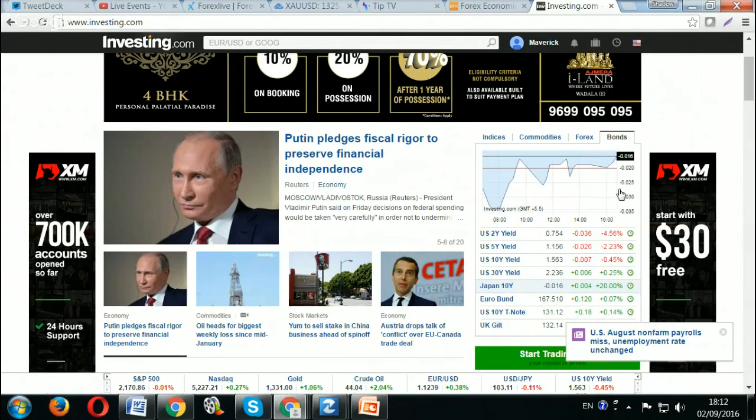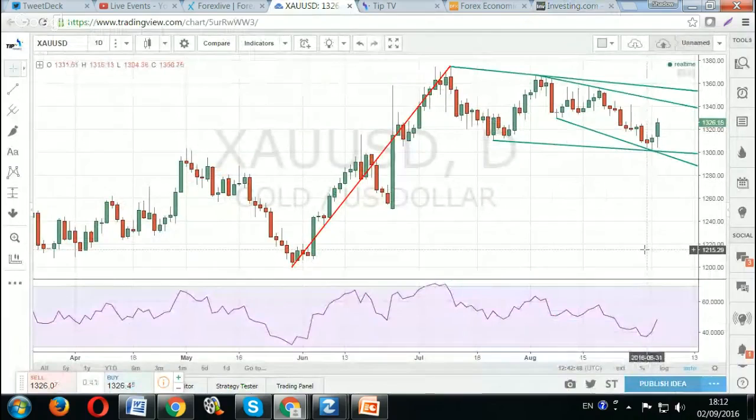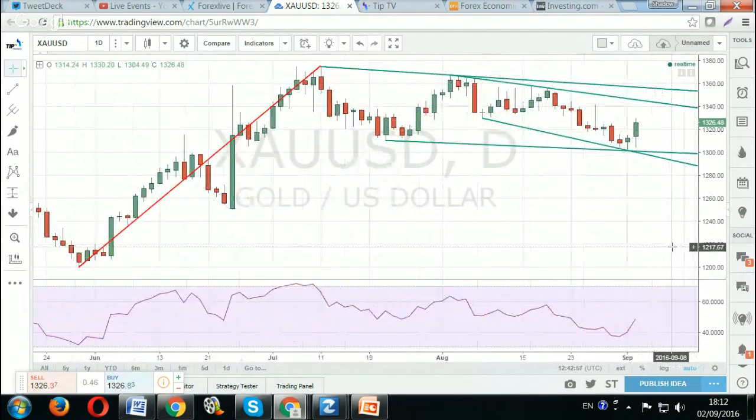It was around 4.5 basis points down a few minutes earlier, and the same is the case with the 5-year yield and 10-year yield. And that also means that the bullish momentum in gold should have stalled, and yes, it has. It's still hovering around 1326 levels.